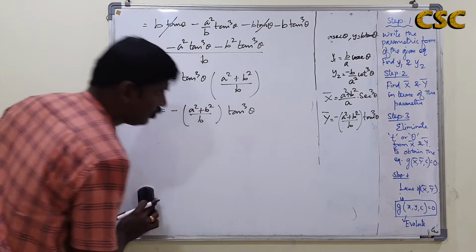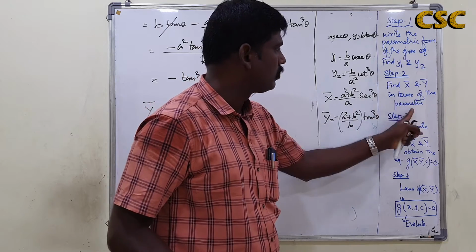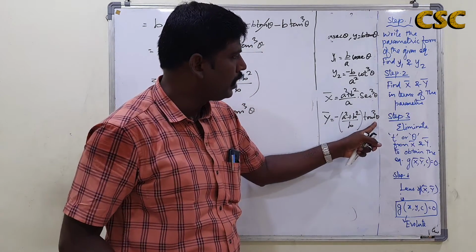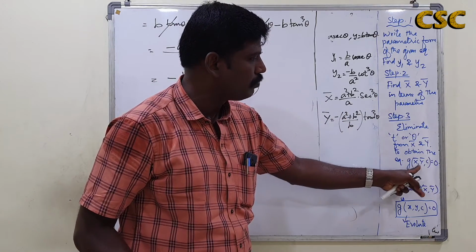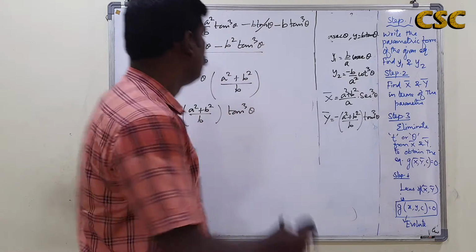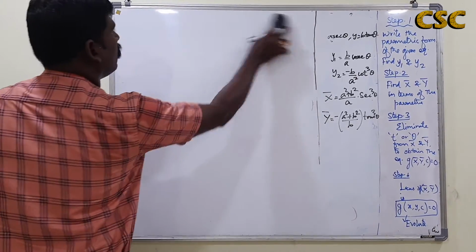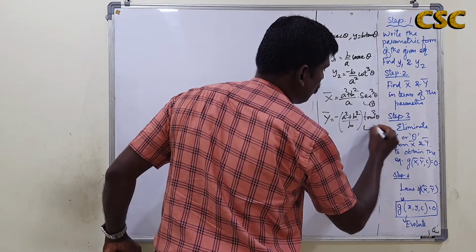Right? So now I find out x bar and y bar in terms of the parameter theta. Now I am going to step 3 to eliminate theta from x bar and y bar to form the equation g of x bar comma y bar comma c equal to 0. Right? So I call it as equation number 1 and this is equation number 2.